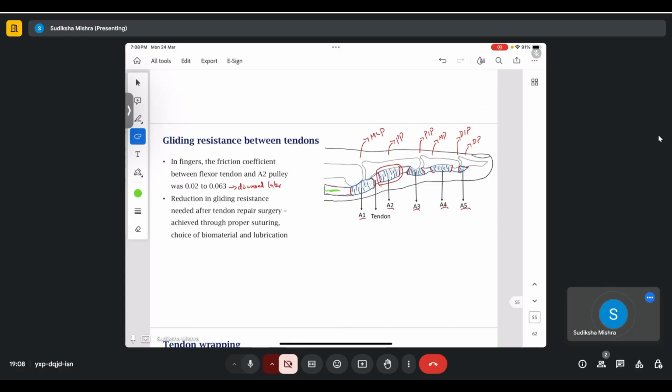So there are different pulleys that help in connection of the tendon to a particular bone. For the flexor tendon and A2 pulley, the frictional coefficient has been measured to be between 0.02 and 0.063.